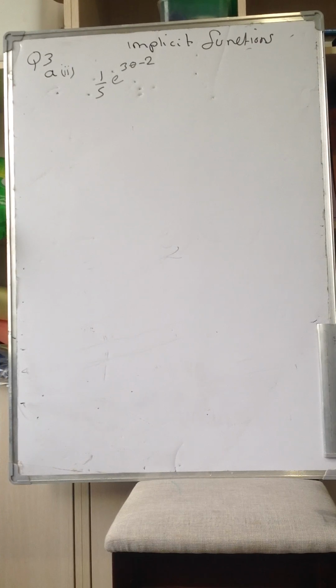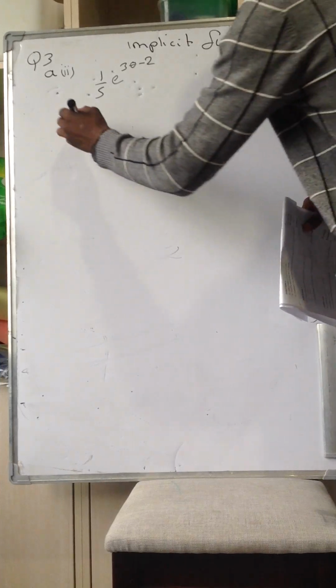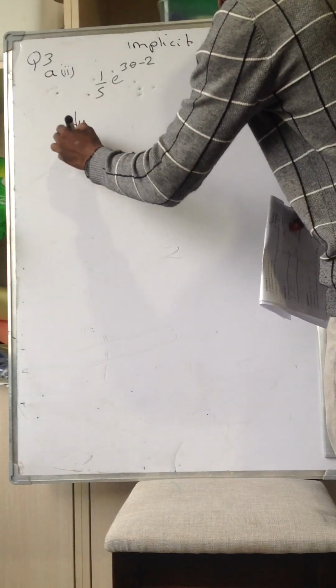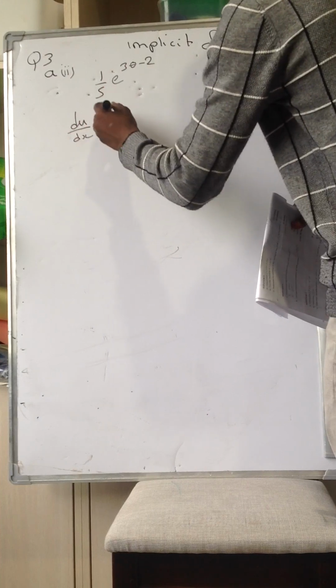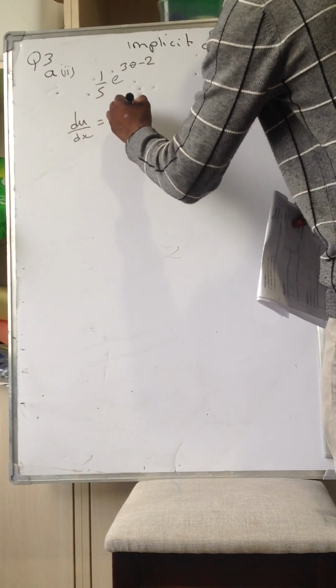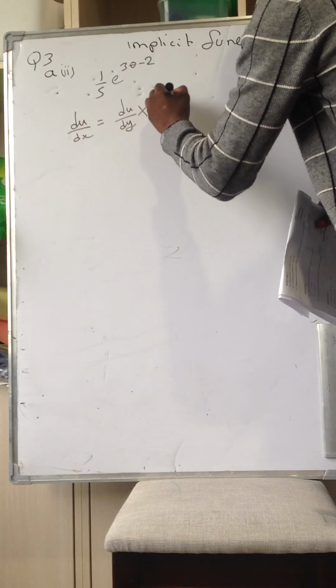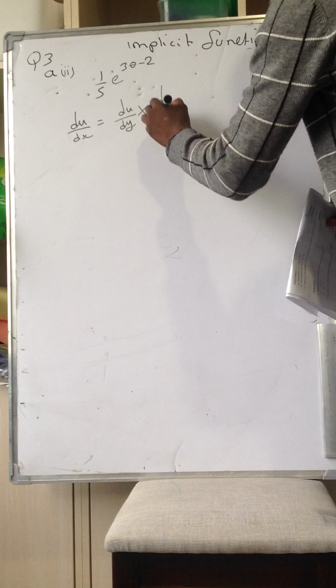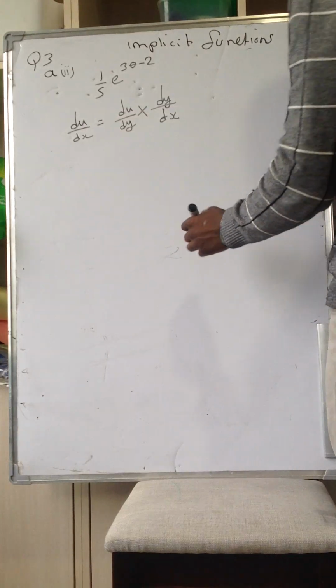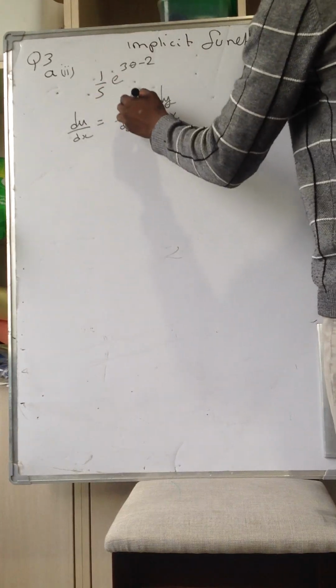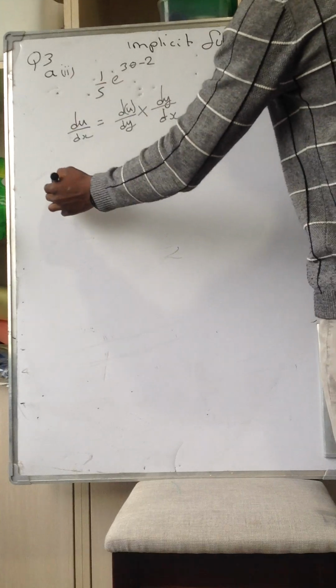How do you differentiate this one with respect to x? The same thing. du/dx is equal to du/dy, dy/dx, with respect to x. Where are we supposed to substitute this? Here. That's where it's supposed to be substituted.